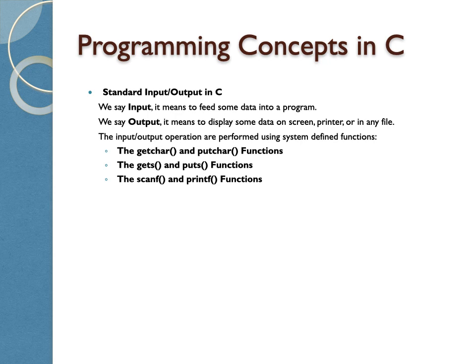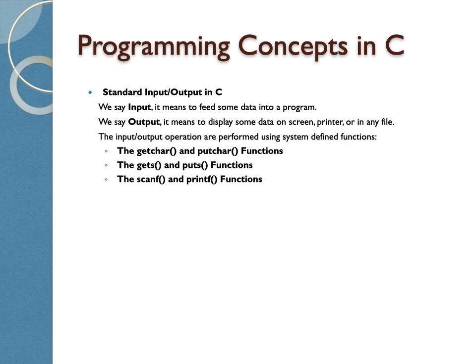Now, input. Here, input means to provide the program with some data to be used in the program. It is simple. Like if we are calculating something, obviously we need some information, and this information can be made available in the program by using an input mechanism.